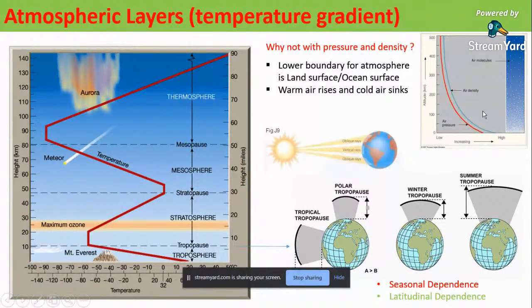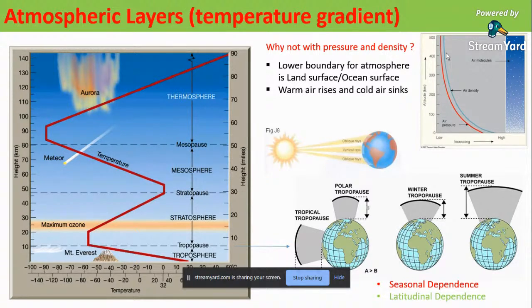Since pressure and density both are exponentially decreasing, as shown here, from the earth surface to the top of the atmosphere, we cannot study with air pressure or air density. Thus, atmospheric scientists started studying atmosphere based on the temperature, because it is varying with height.